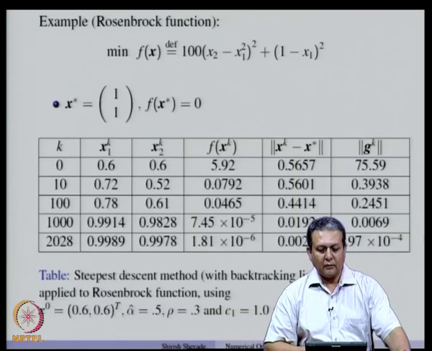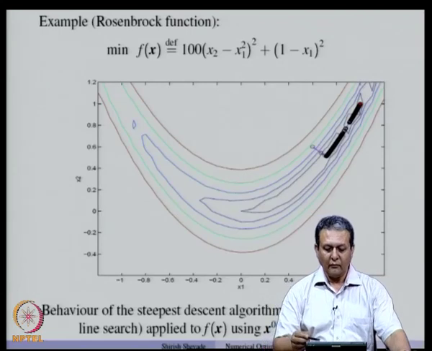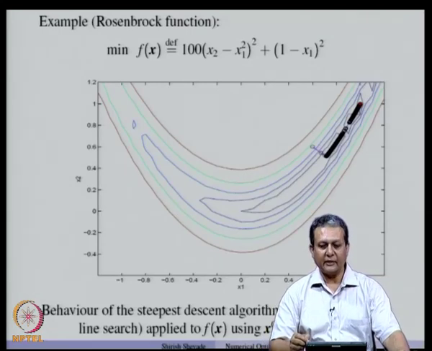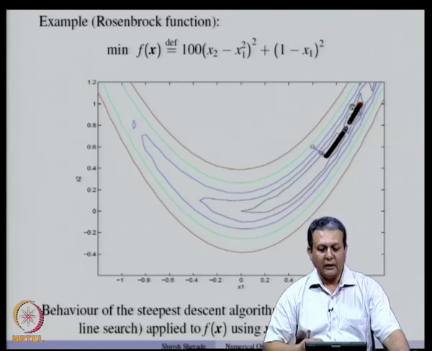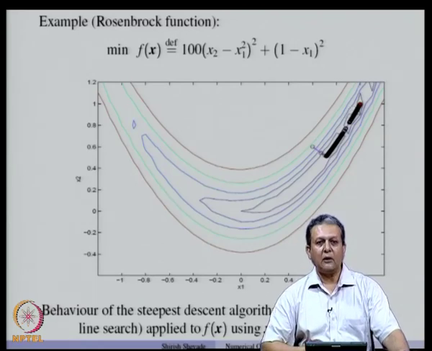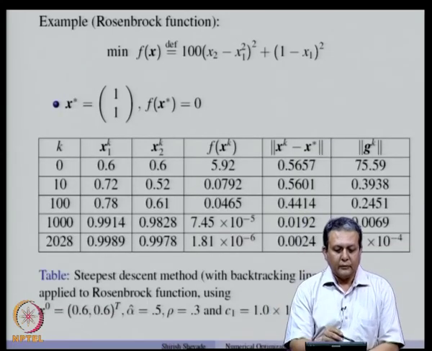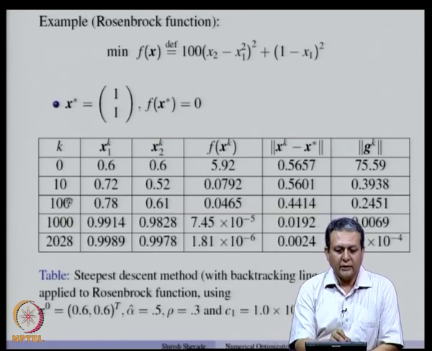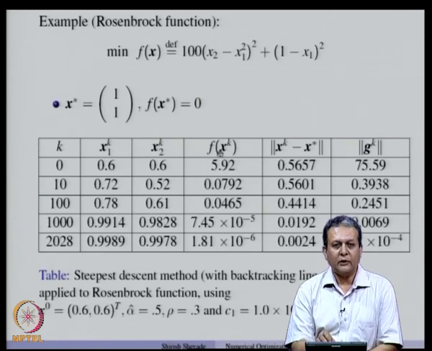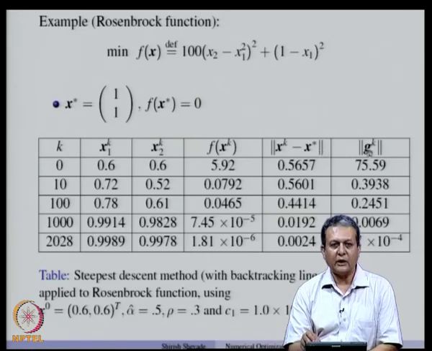Now, let us go back to the previous example where we started from 0.6 and reached the minimum, and let us look at the behavior of the algorithm for this particular problem. So, here is a table which denotes the iteration number in the first column, then the coordinates at that particular iteration, then the value of the objective function, the distance between xk and x star, the Euclidean distance, and the norm of gk.